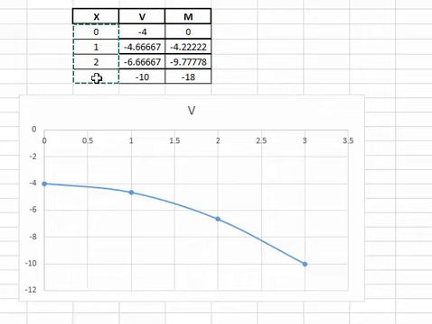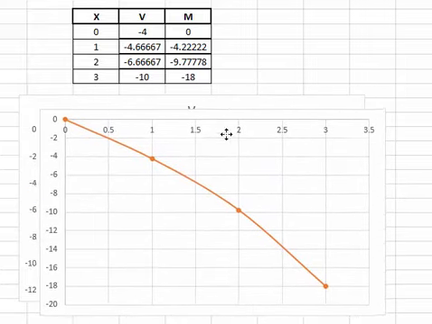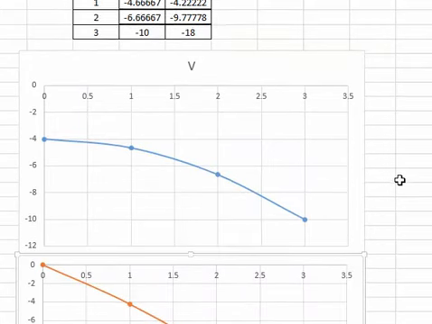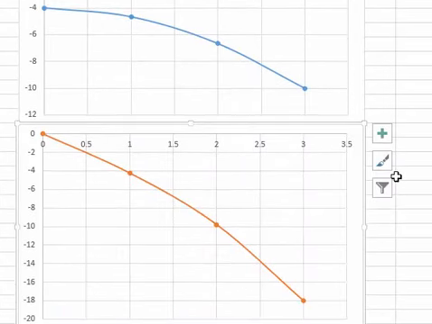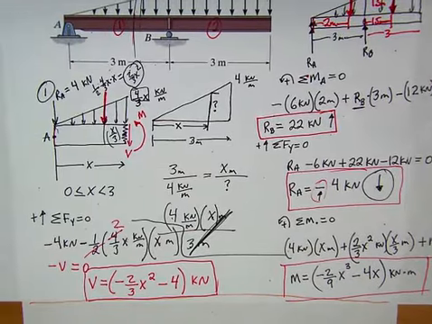This is my X, and this is my Y. This one is my moment diagram. I'm going to put it right below it. Starting to take shape. Now let's go back to this guy and continue.